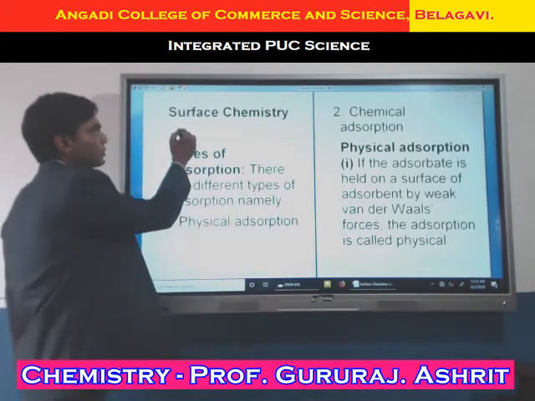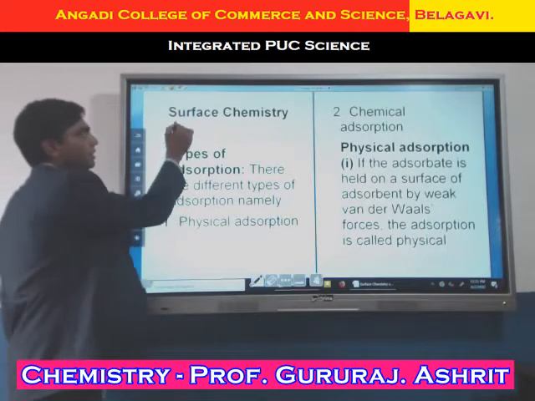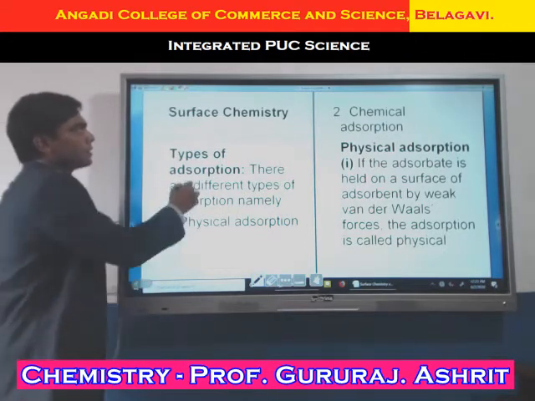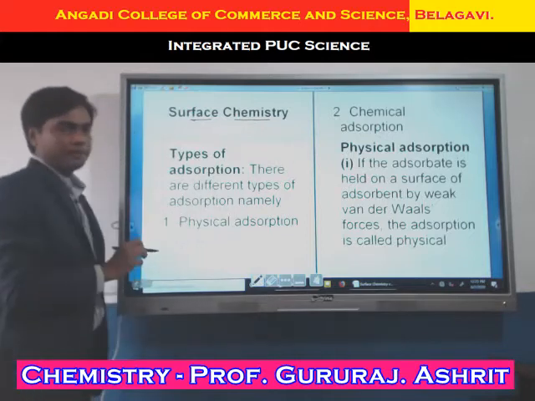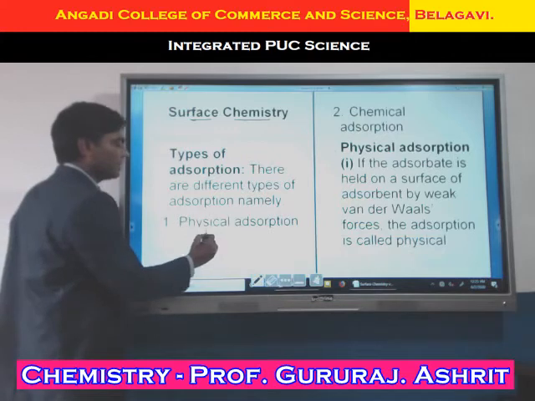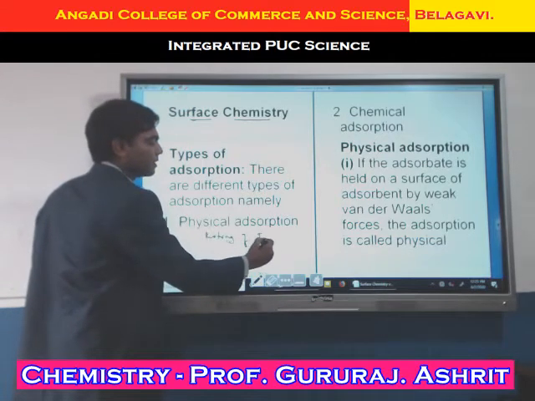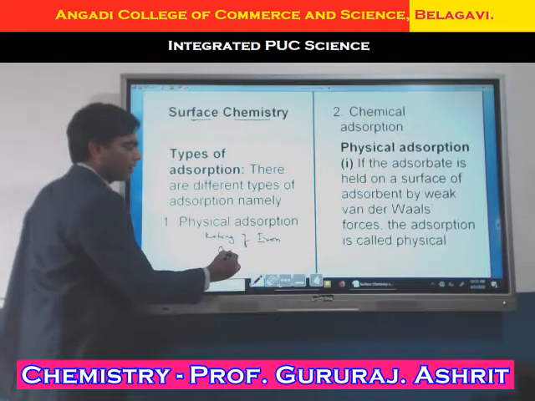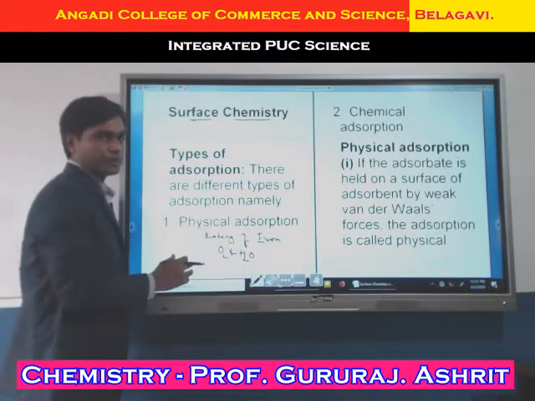Before starting, I want to give you an introduction to surface chemistry. What do you mean by surface chemistry? First you can understand, whatever the environmental reactions we are seeing in daily life, they all deal with surface phenomena. For example, rusting of iron. When you see iron get rusted with the help of oxygen and water, all these reactions happen on the surface of the iron.